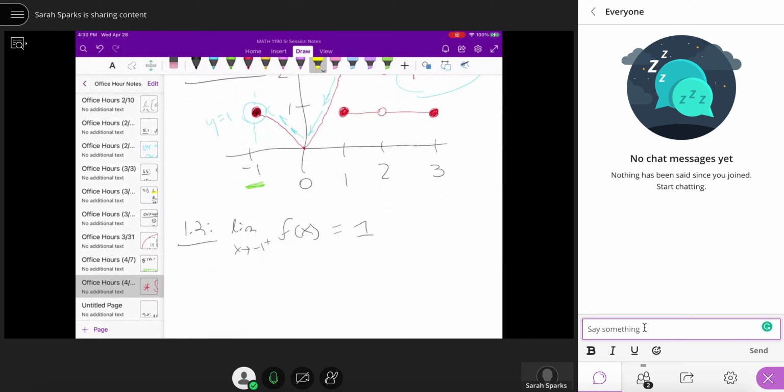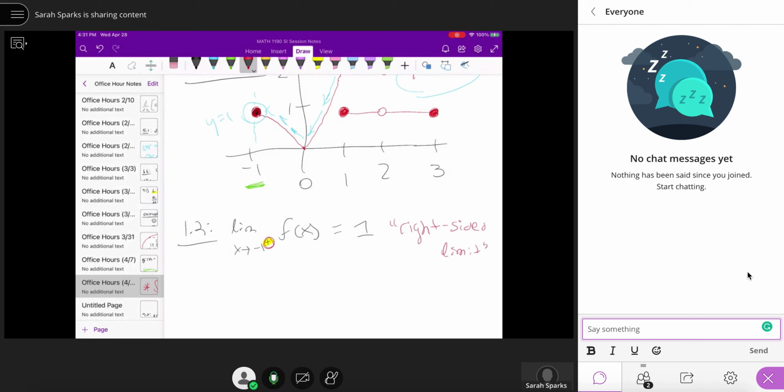So what the pluses and negatives mean, the plus just means it's coming from the right side. So if the plus is on the right side of the number, that means it's a right-sided limit. So this one is a right-sided limit, and it's because of this plus right there.